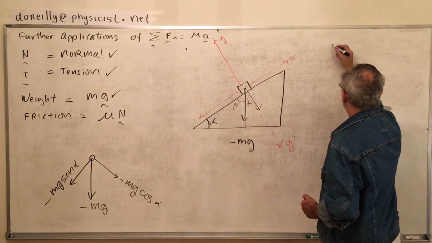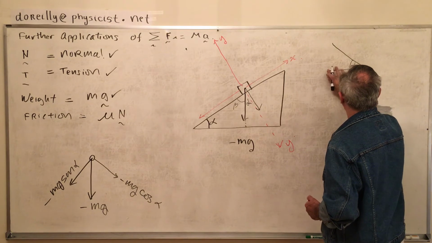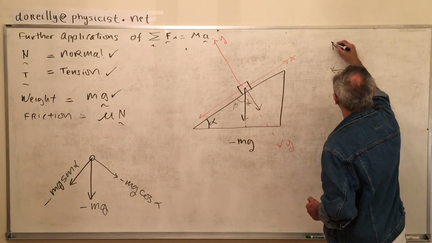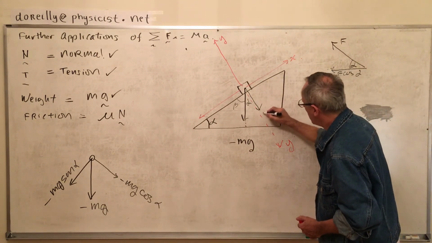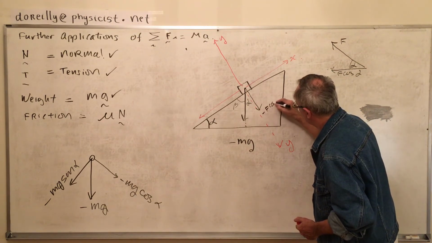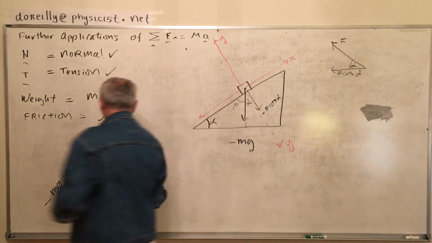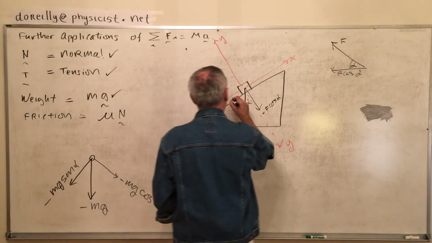So we put our vector sideways so that we can see it more clearly. So that's F. This is F cosine alpha. F cos alpha. Right? That's F cosine alpha. This is F sine alpha.